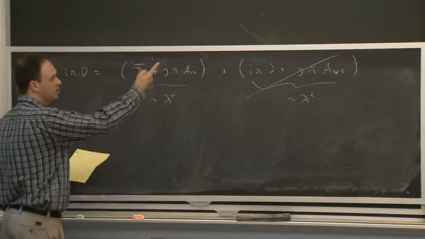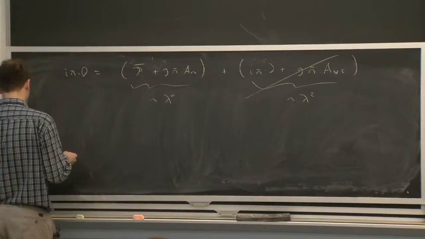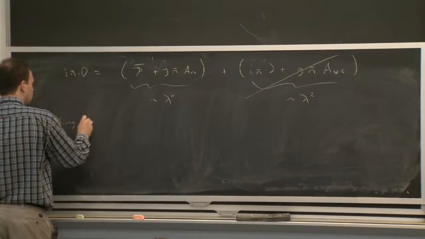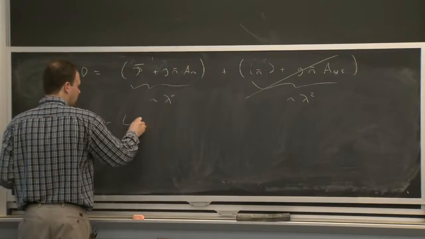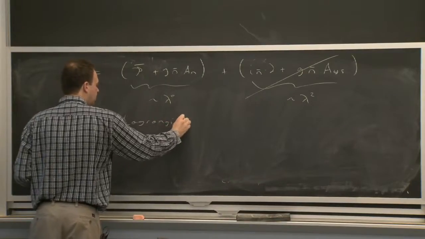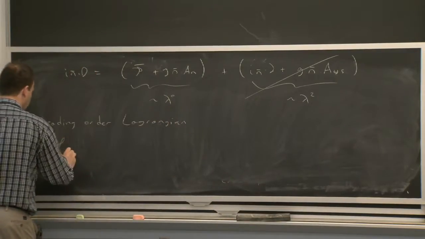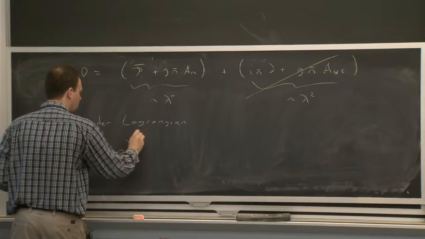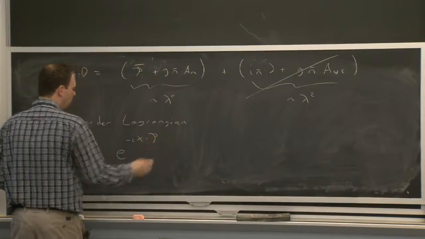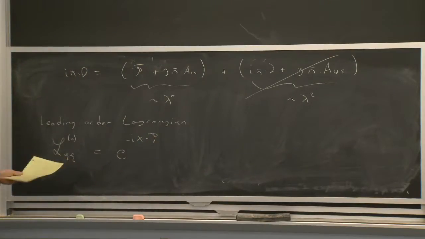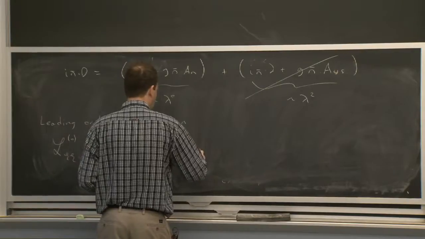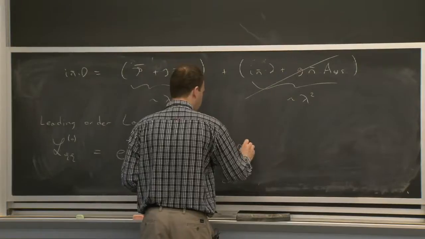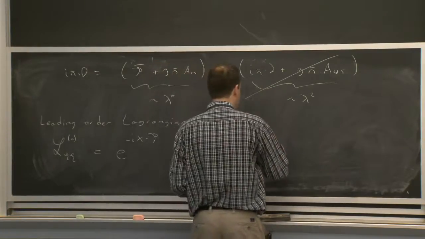OK, so now just plug those things into our Lagrangian. And then we get the leading order Lagrangian. All of these phase factors can be encoded in an overall phase factor. We get the full n dot D derivative.